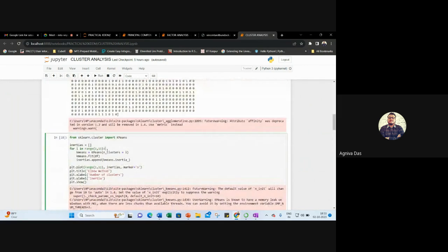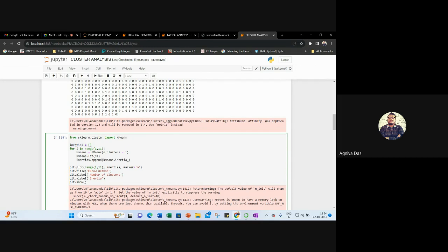Now we will look at k-means clustering. For k-means clustering, you need to import the sklearn.cluster module, and from this module, you need to import the KMeans command. First, what you need to do is write down a blank list or a blank array, like inertias, and then append the value of these inertias with a looping factor.